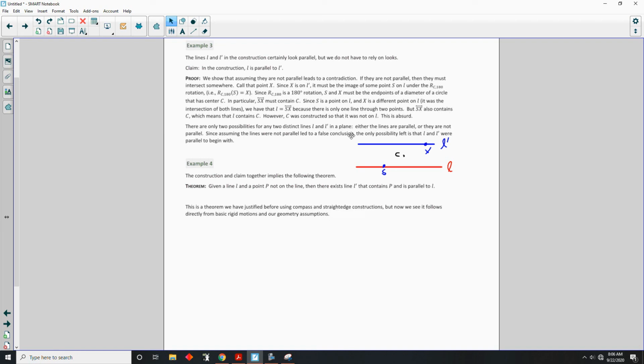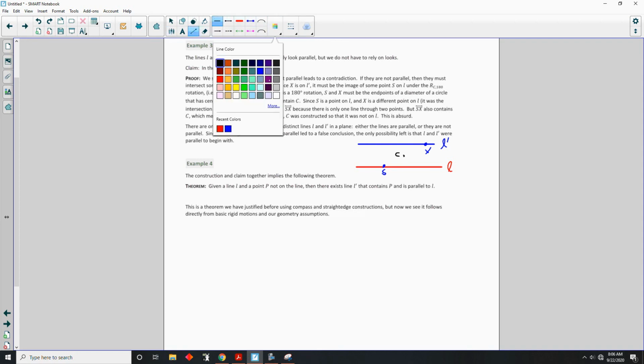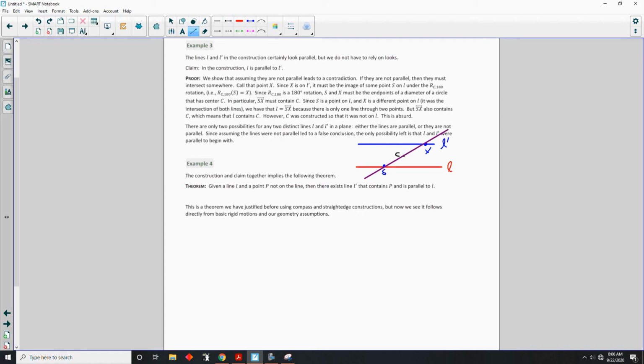What they're saying is, if you rotate that 180 degrees and S lands on X, then in particular line SX must contain C. So what we're saying here now is, if I draw a line now, let's make this one purple, like so. I'll fix this in a moment. I need to rotate it a little.